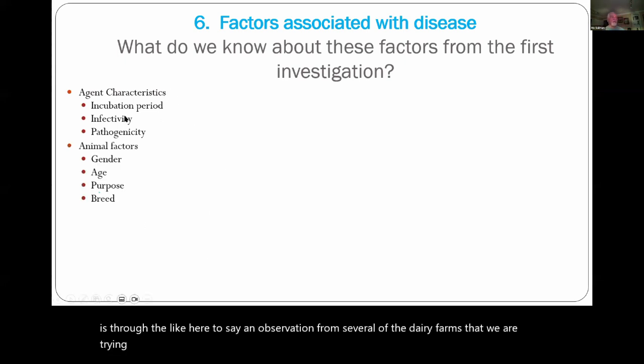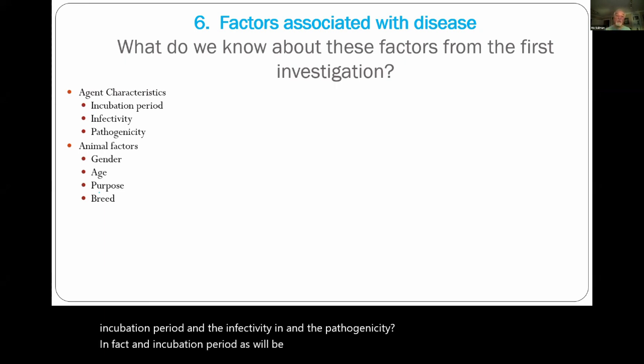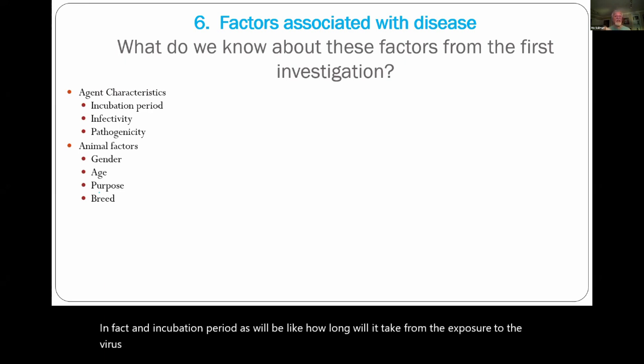It is mainly an observation from several of the dairy farms that we are trying to figure out. So with the agent characteristics, you try to understand the incubation period, the infectivity, and the pathogenicity. The incubation period, as you know, is how long it takes from the exposure to the virus until you see some clinical signs in the animals.